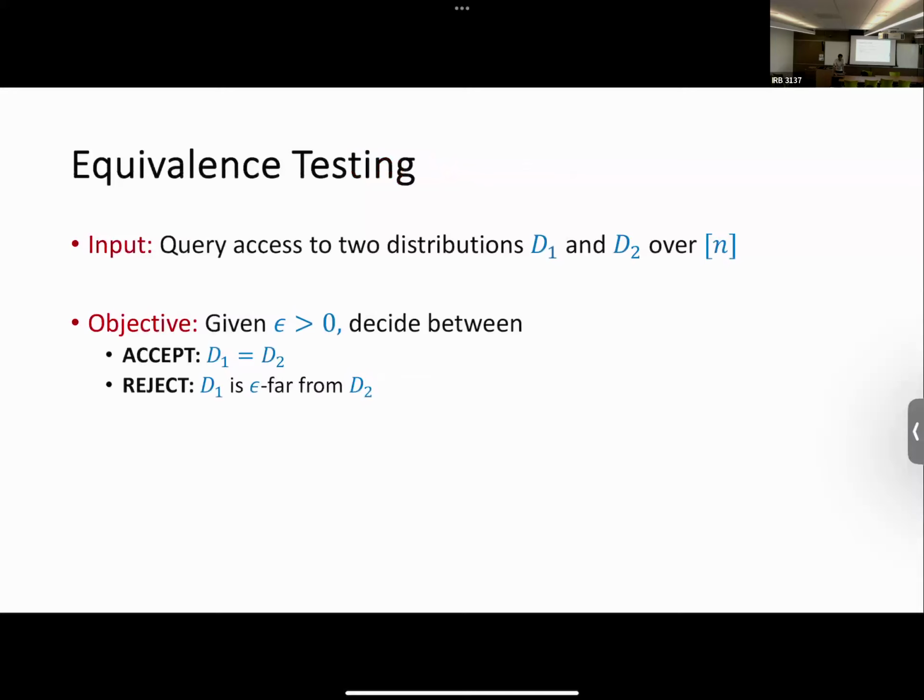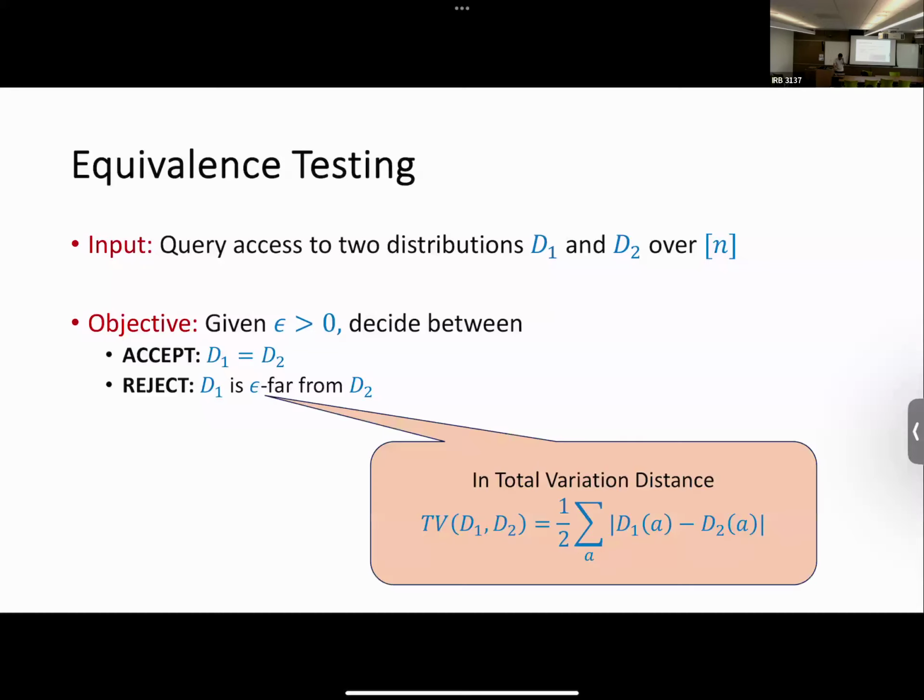Your objective is to decide whether these two distributions are exactly the same or epsilon far. You can think of it as a general version of uniformity testing, where one of the distributions is uniform. Now let me define what I mean by epsilon far. We consider the total variation distance, which is essentially the L1 distance multiplied by half.